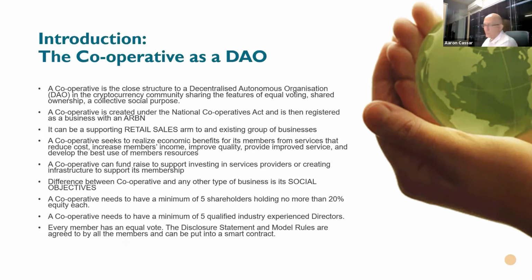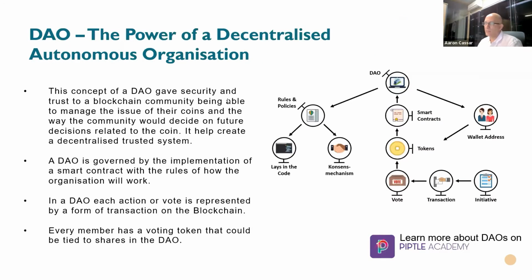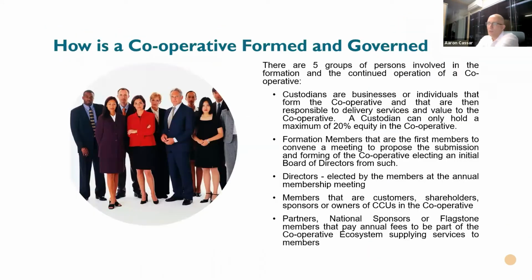You can have many more shareholders, of course, but no one can have more than 20%. A cooperative needs to have a minimum of 5 qualified industry experienced directors, and those directors literally need to take the responsibility to help with the day-to-day governance of the cooperative.